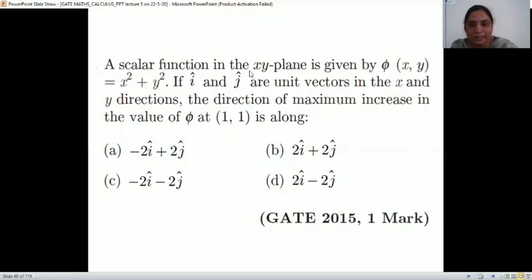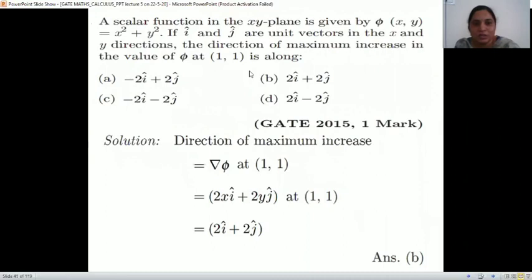So we have to find that. We have a scalar function phi of xy, that is x square plus y square. I bar and j bar are the unit vectors, and we know the direction of maximum increase. What is that? It is always del phi. The direction of maximum increment is always del phi, and it is asked at point (1, 1).